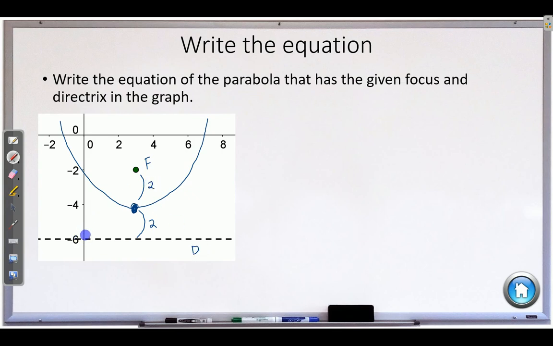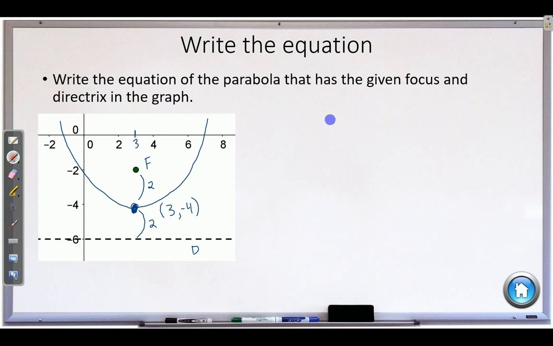To go from -6, I go up 2, that puts me at -4. Up another 2 puts you at -2. So our vertex is at the point 3, -4.